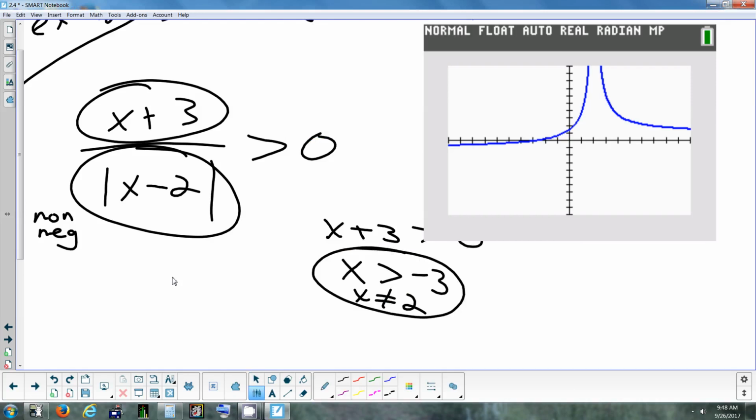Now, last thing, how would you write that as an interval?